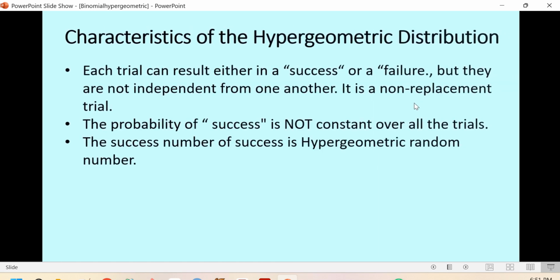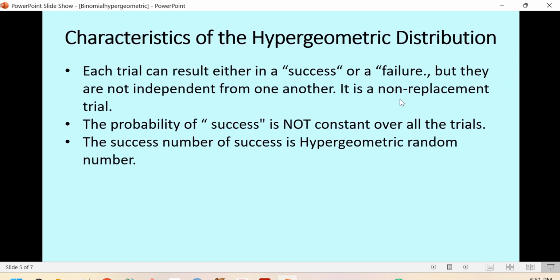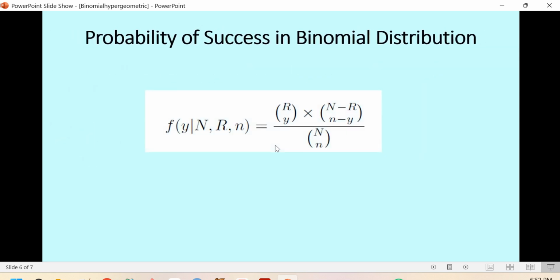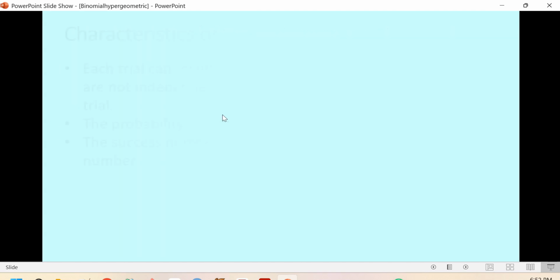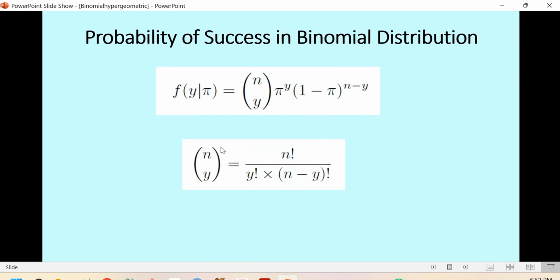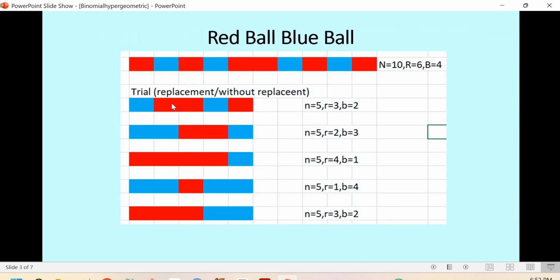And for the hypergeometric distribution, this is not independent because this is non-replacement trial, and the success probability is not constant. Because if we take out the first ball is red, there are only 9 balls left.